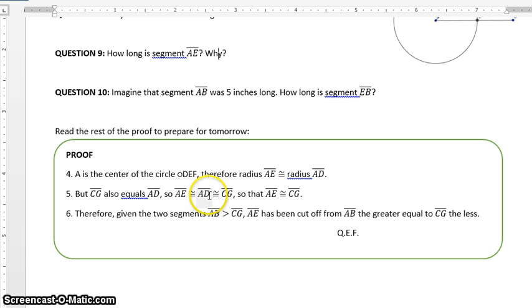So AE, AD, and CG are all congruent to each other. That means that AE is congruent to CG. Therefore, given the segments AB is greater than CG, what we did was cut off AE from AB so that CG was equal to AE. QEF, quod erat faciendum, we have done it.